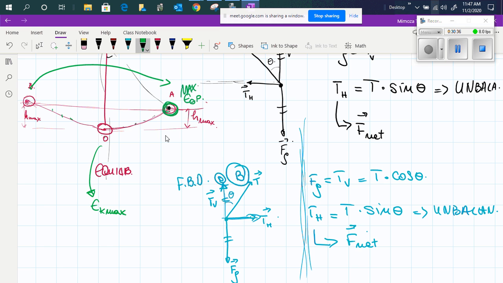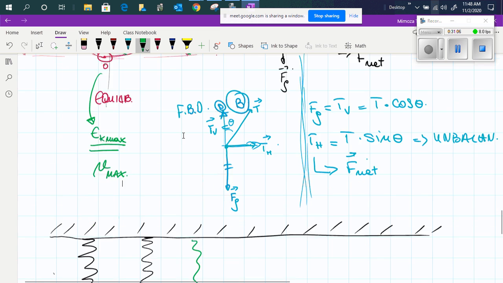At any point in between, we have both kinetic and potential. Based on the information that is given, we can find either the speed or the height.